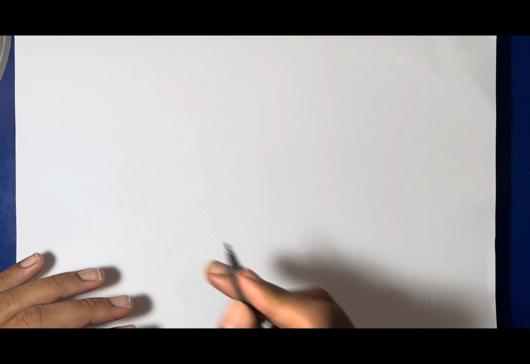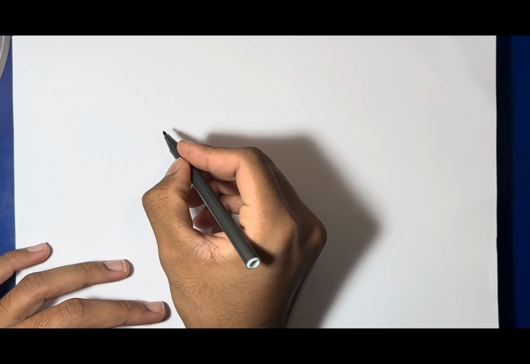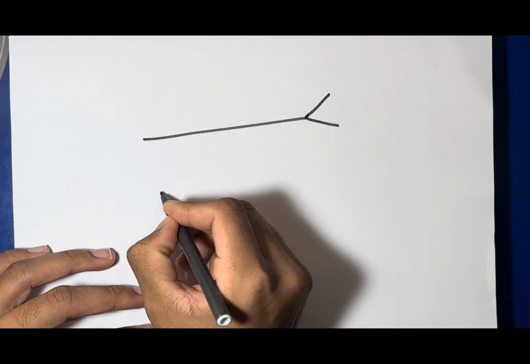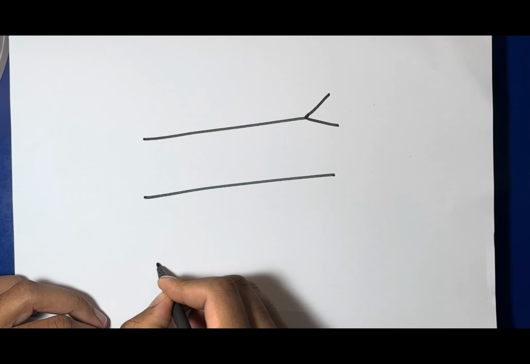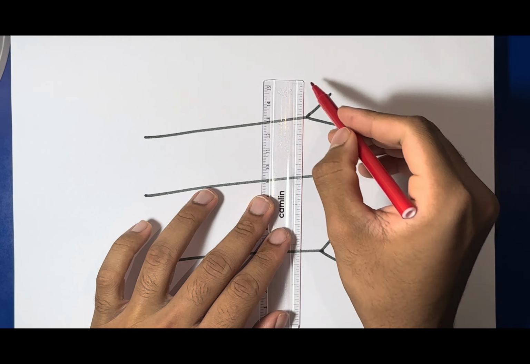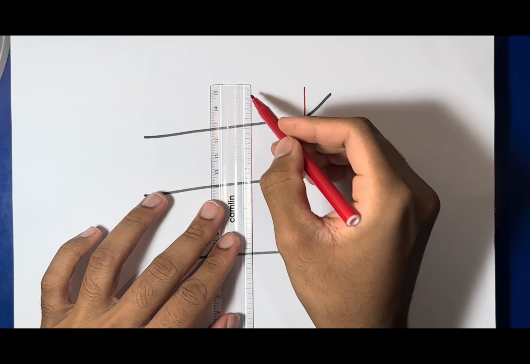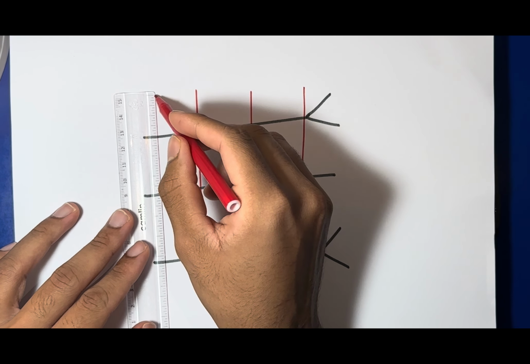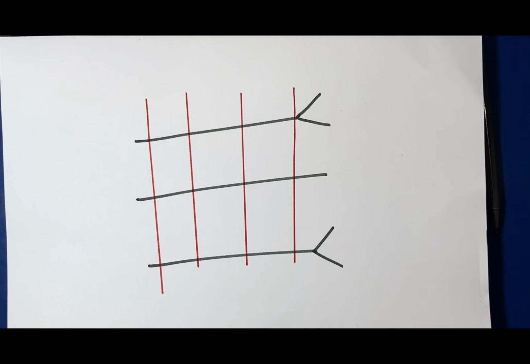Okay. Since we have already named it nonsense, let's see how this nonsense will make sense. First, it's very simple. Just follow the steps. Draw a line, triangle, and a horizontal line again, and then a line, triangle. Now divide this nonsense into 4 columns: 1, 2, 3, 4. Done.